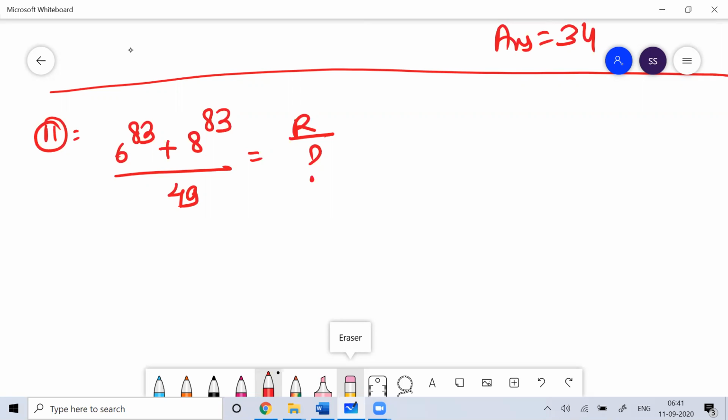You can try with divisibility. That is one thing you can do.